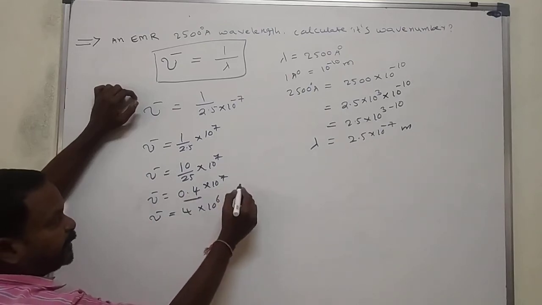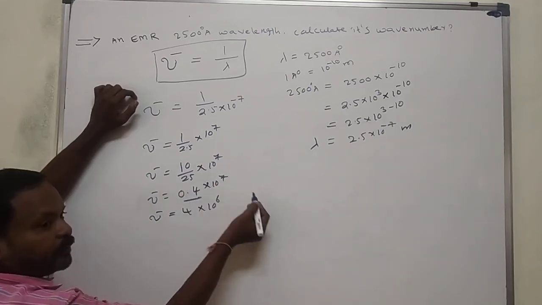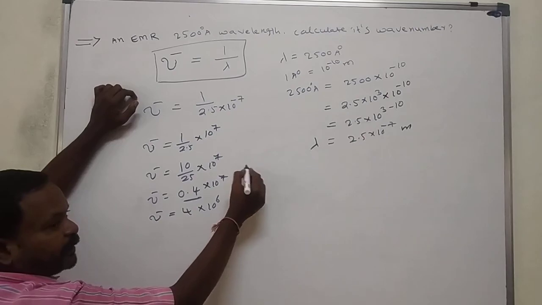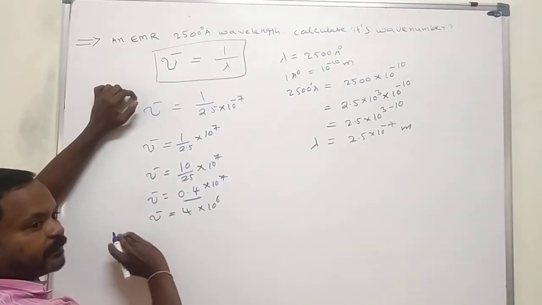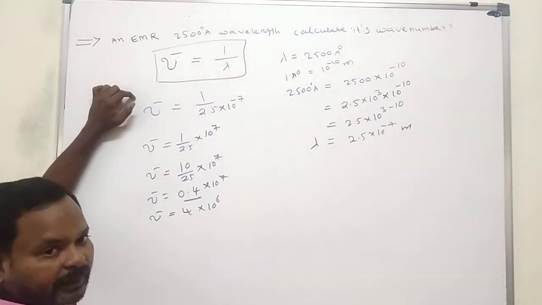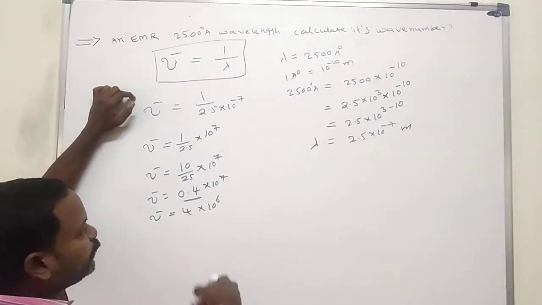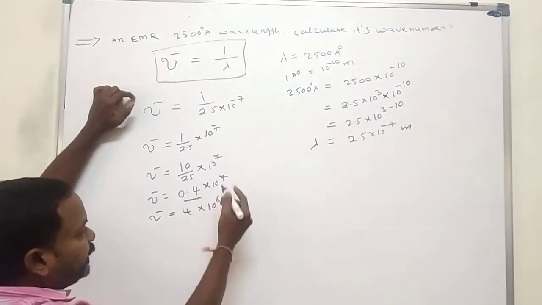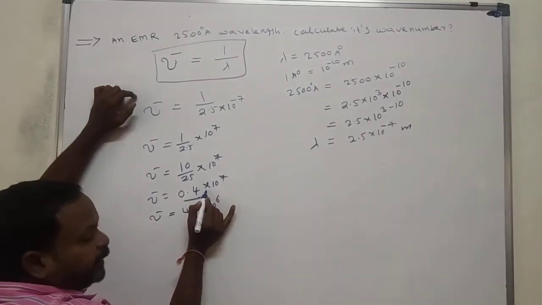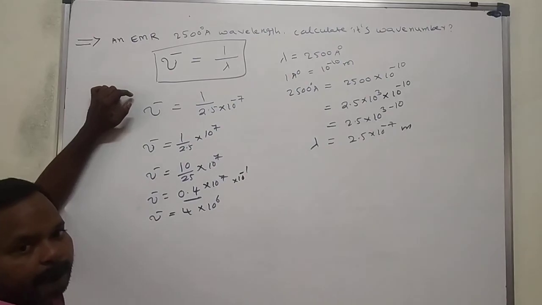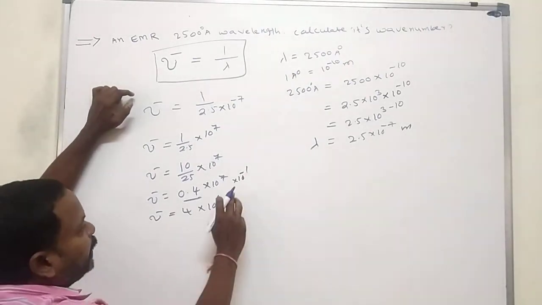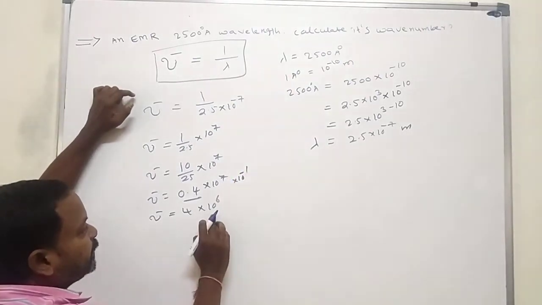That means the decimal is moved to the right side, so this is multiplied with 10 to the power of minus 1, and we get 10 to the power of 6.